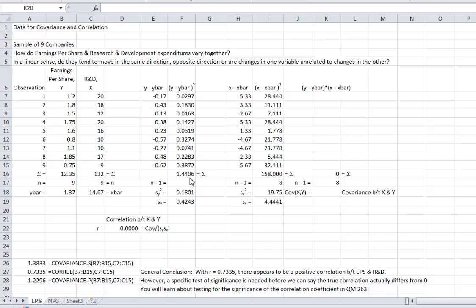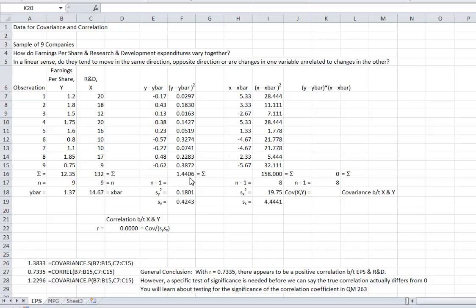It's giving us a measure of a linear relationship between two variables, in this case x and y. In this first example we'll look at earnings per share and research and development expenditures. We'll assume that research and development expenditures are in millions of dollars, earnings per share is in dollars.